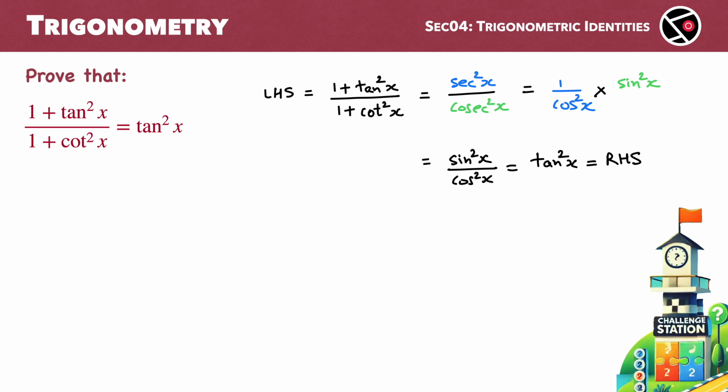But hold on, let me prove this again using another approach. There are always multiple ways to handle trigonometric identities. We again start with the left hand side. This time we replace tan with sin by cos and cot with cos by sin.